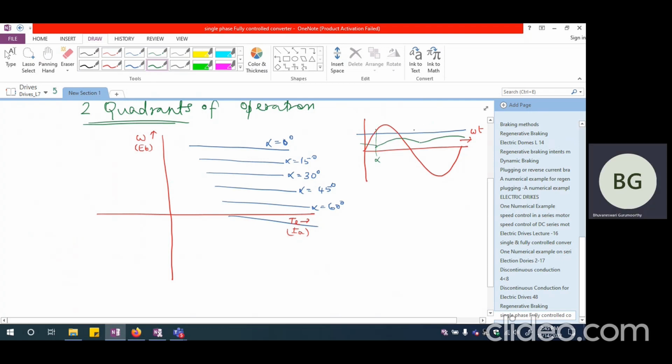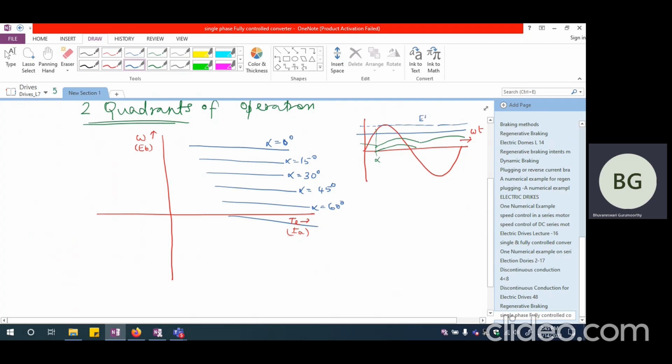Now, if we are decreasing the load demand further and further, this current is eventually going to become discontinuous. So I may have the current somewhat like this, and correspondingly, I might see that the back EMF becomes much higher because the torque has become really small.